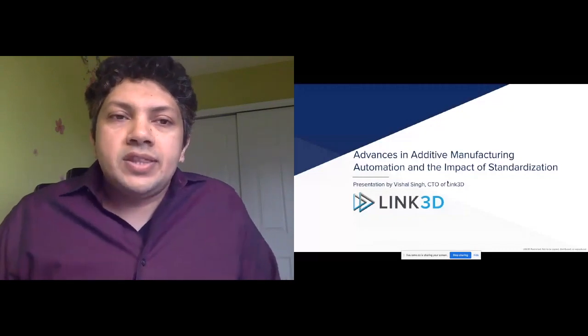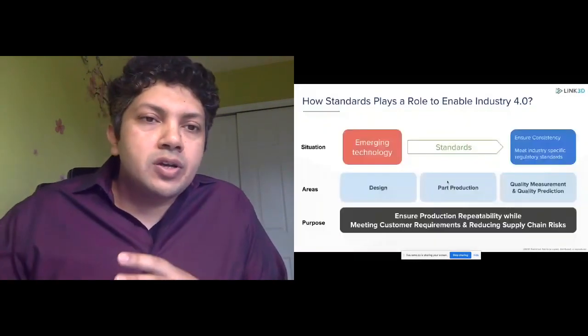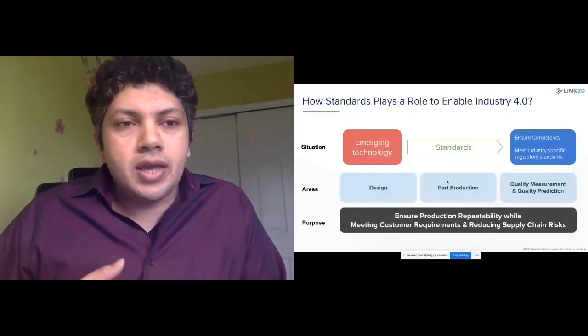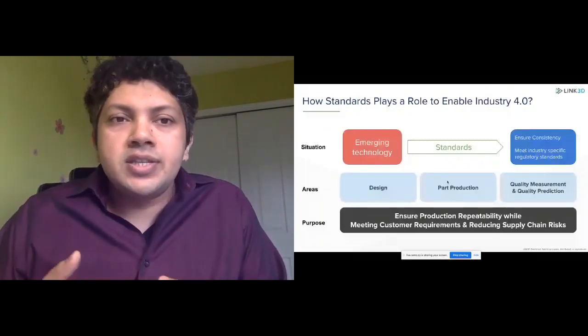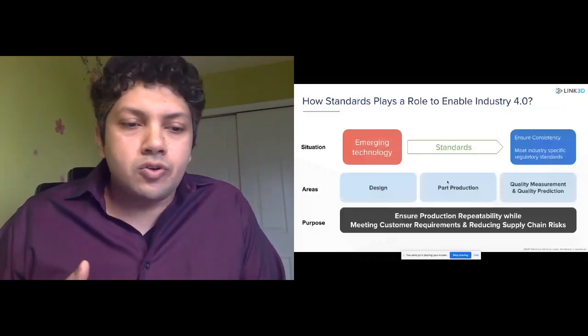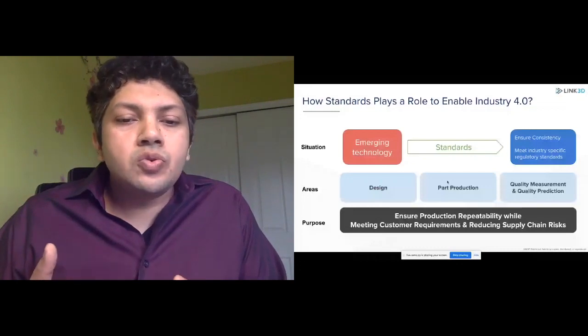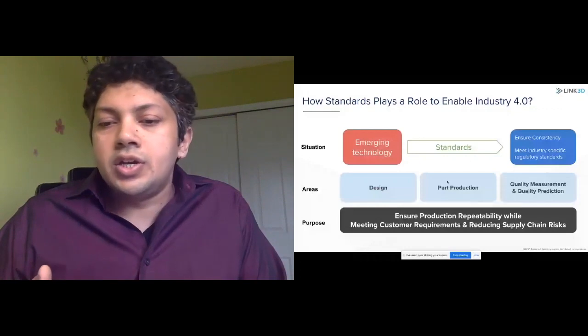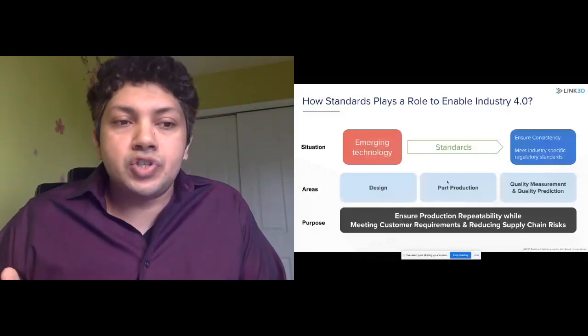So with that, let's go into it, and that was important because one of Link3D's visions is to enable standardization and automation. So let's get into why we care about standardization. Why do we care about automation? The purpose is to ensure production repeatability, meet customer requirements, reduce supply chain risks, and meet efficiency.